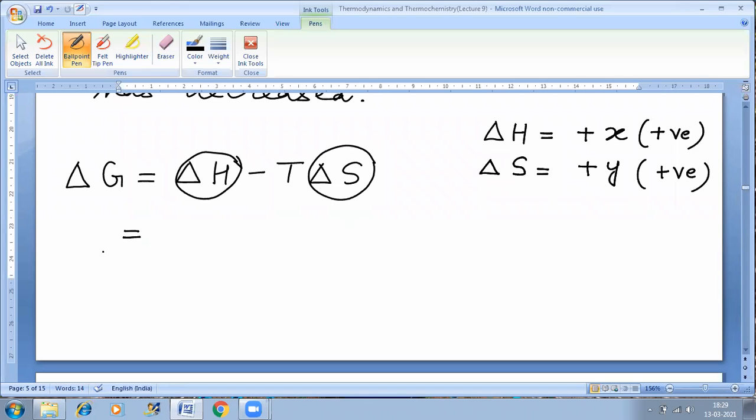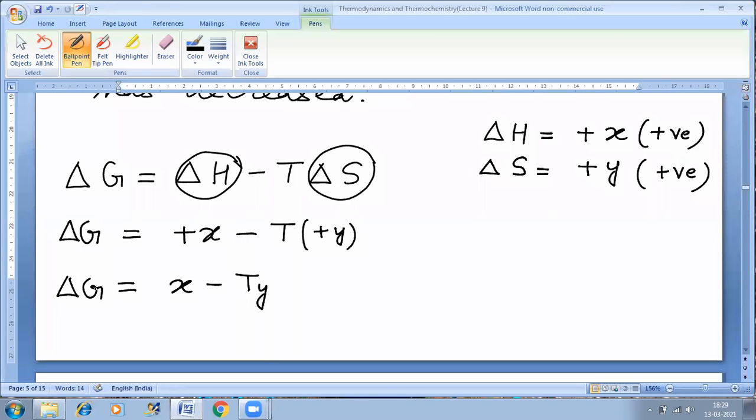So now if delta H and delta S both are positive, I can say that delta G will be equal to plus X minus T into plus Y. This will be equal to X minus Ty. Now, I want the reaction to be spontaneous.